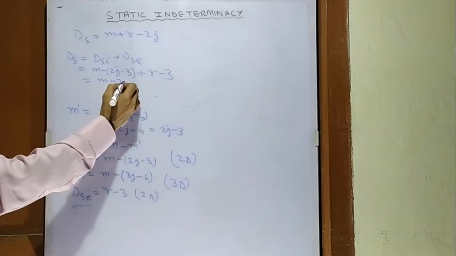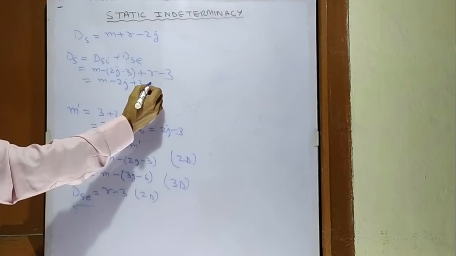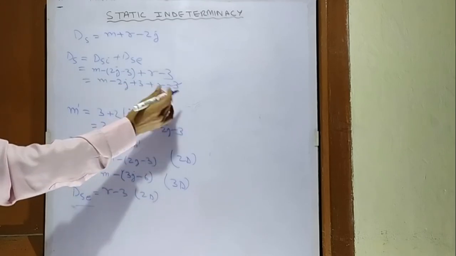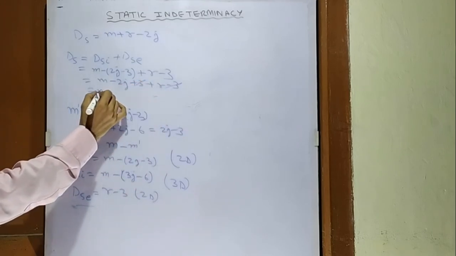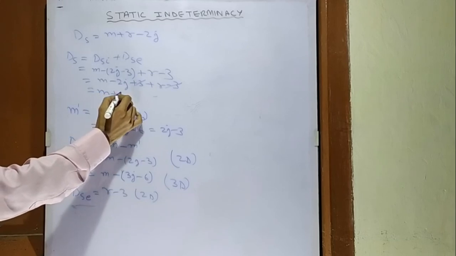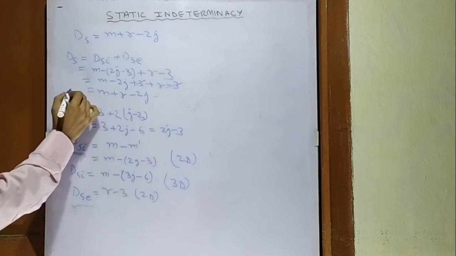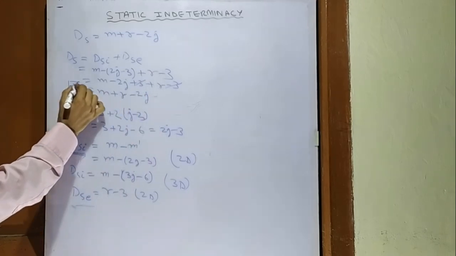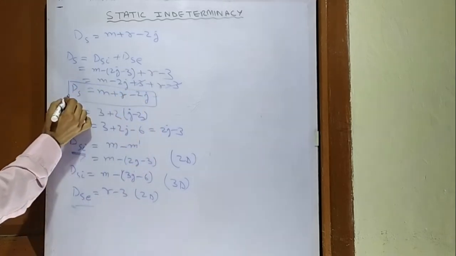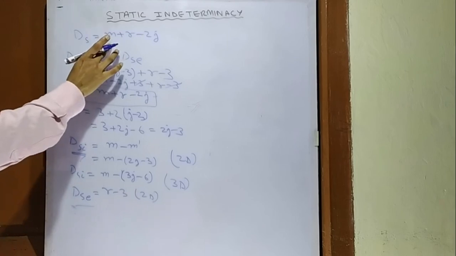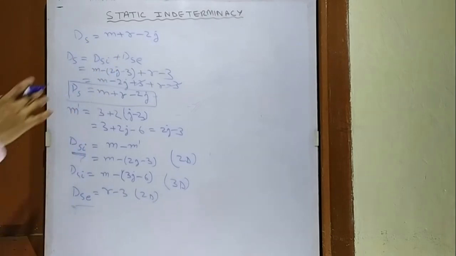So it will come out to be m minus 2j plus 3 plus r minus 3. The plus 3 and minus 3 will cancel out, so it will become m plus r minus 2j. Okay, which is similar to the equation which we derived using the general formula.